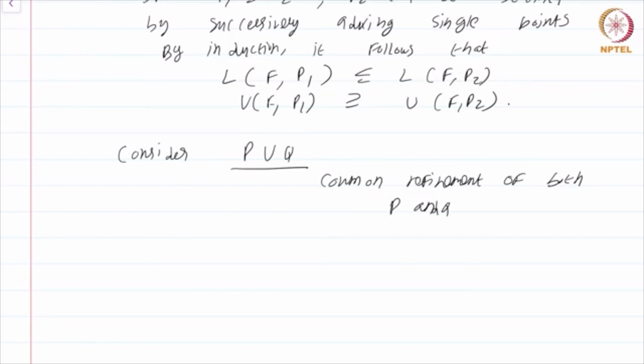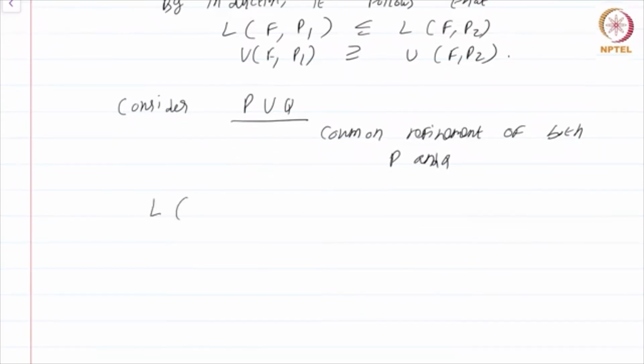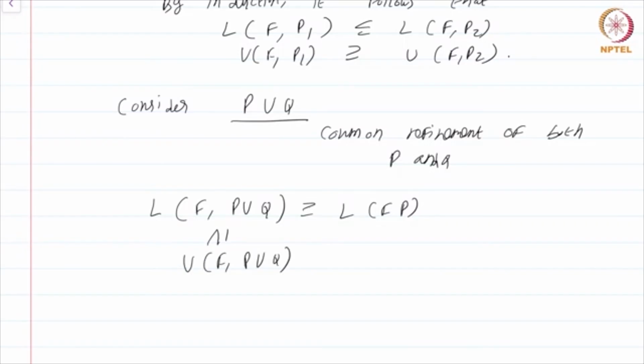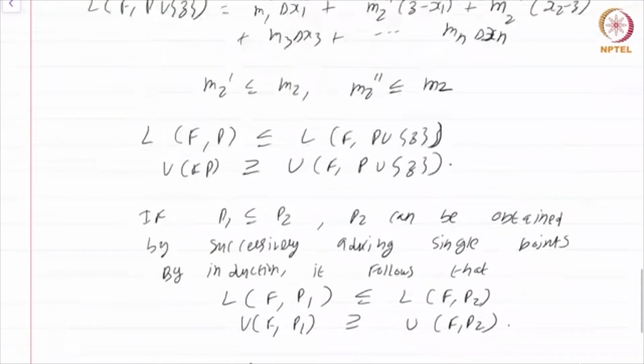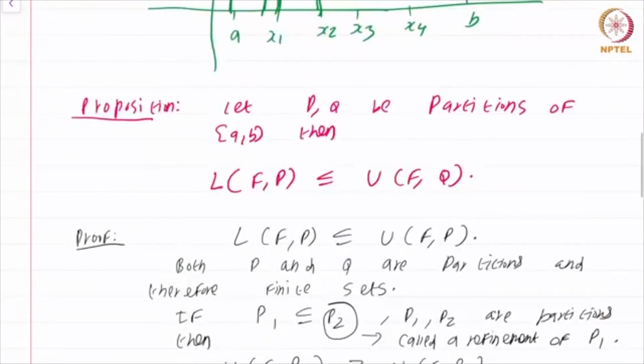So how does this help us? Well, we know that L of f P union Q will be greater than or equal to L of f P, right? And this L of f P union Q will be less than or equal to U of f P union Q. And this will be less than or equal to U of f Q. So this chain shows that L of f P is less than or equal to U of f Q, which is what we wanted to prove, right?